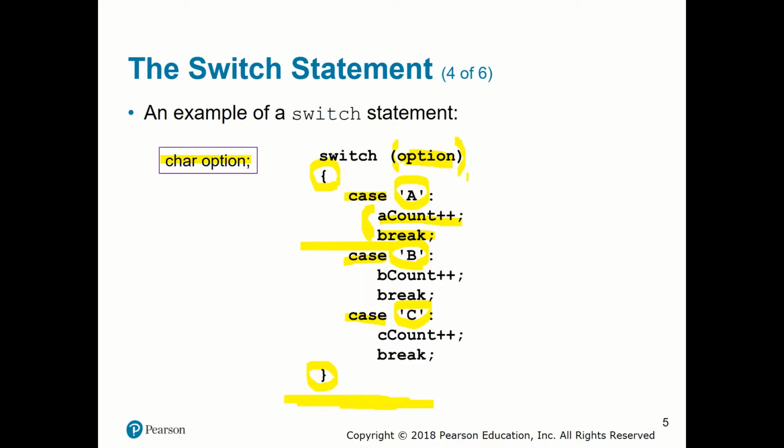And if option is not A, then see if option is B. If that is the case, then the variable B count is increased by 1, and here's break, so the program control goes here. If option is not A and not B, but option is C, then the variable C count is increased by 1, and then break means control should go out of the switch statement. Can you understand how a switch works?